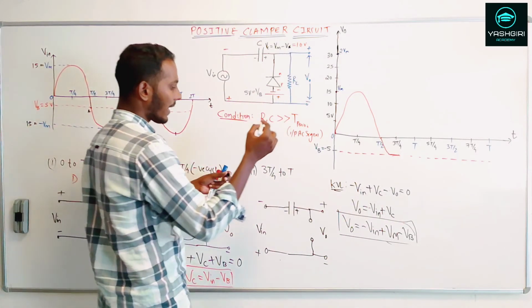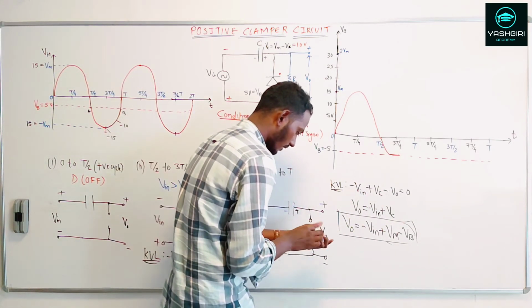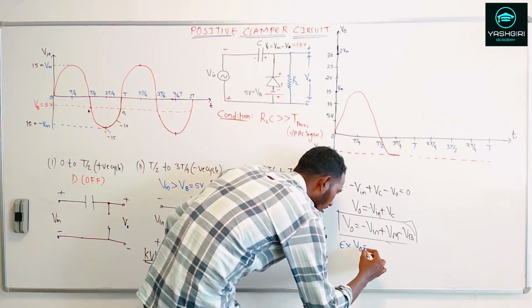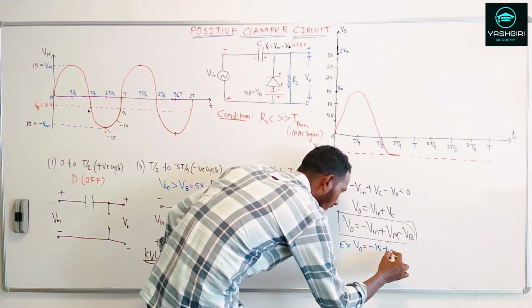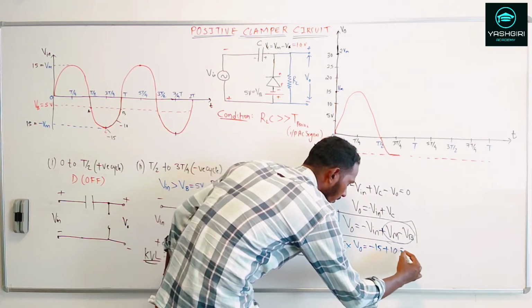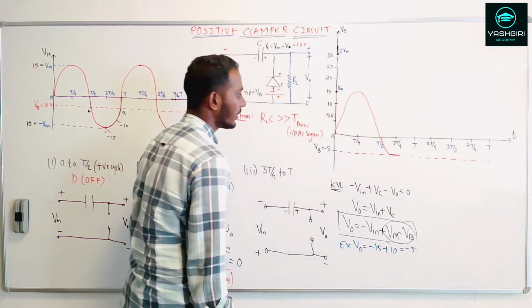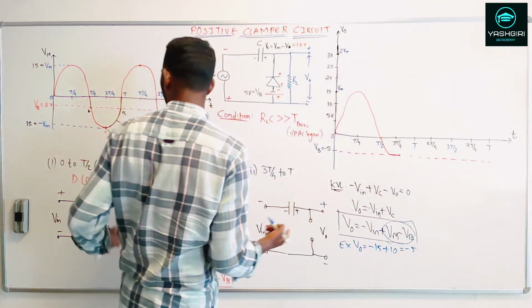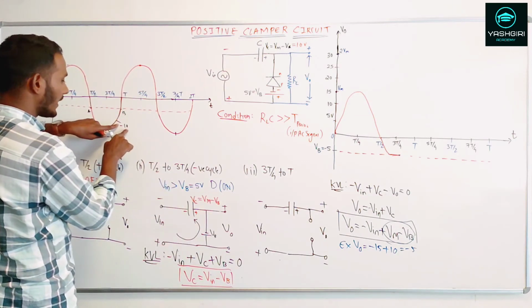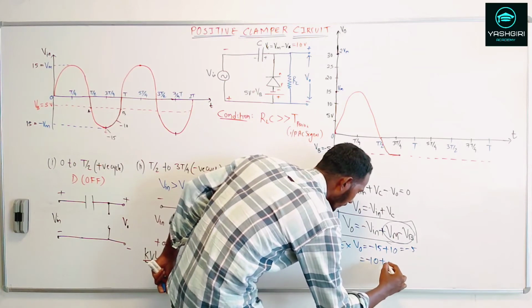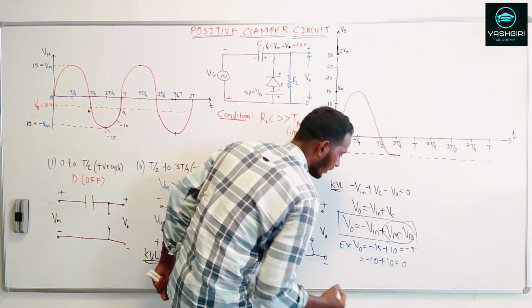So just for example, V out is equal to minus 15 plus 10 volts, that's the overall voltage of the capacitor. So that will give me minus 5 volts, correct? So here I have minus 5 volts available. Now at minus 10 volt, just for example, this is minus 10 plus 10, that will give me what?